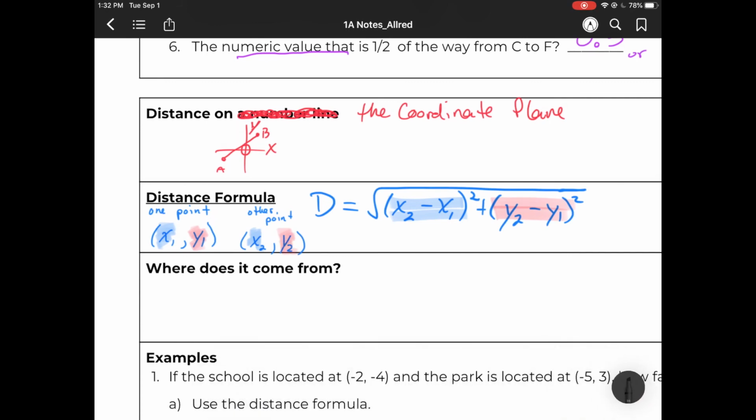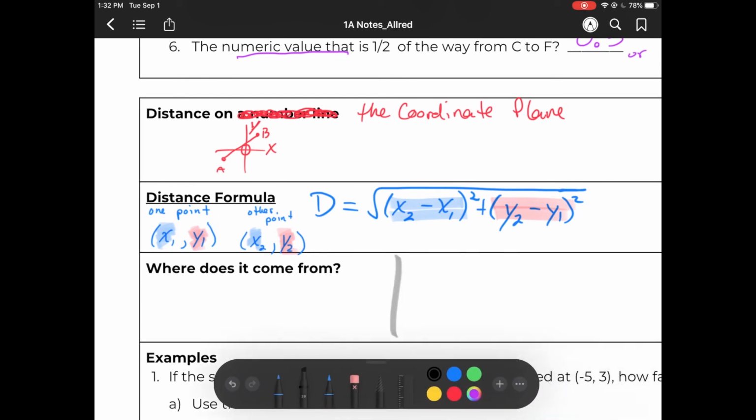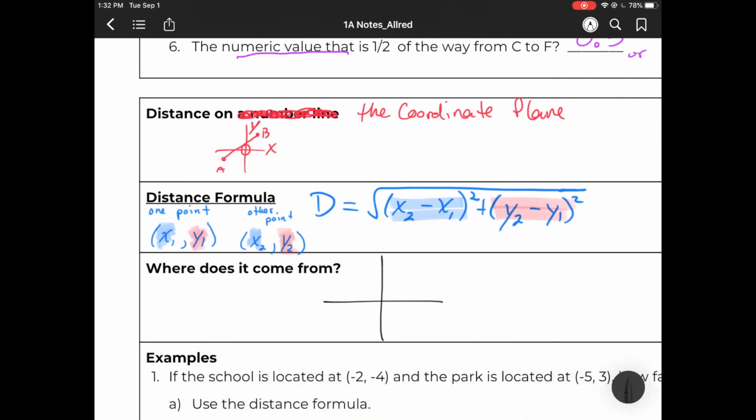Now, I'm going to tell you where this comes from. Let's say on a graph, xy axes, I had point B over here, point A over here, and I drew that line. You can think of this as the hypotenuse of a right triangle.